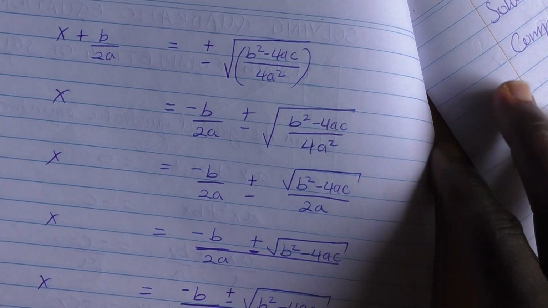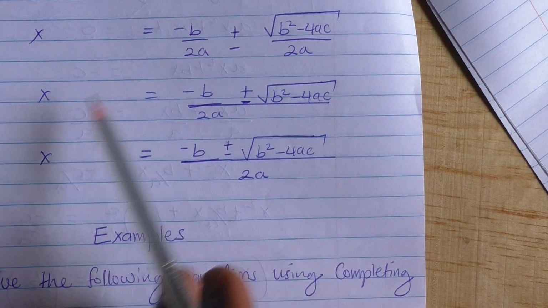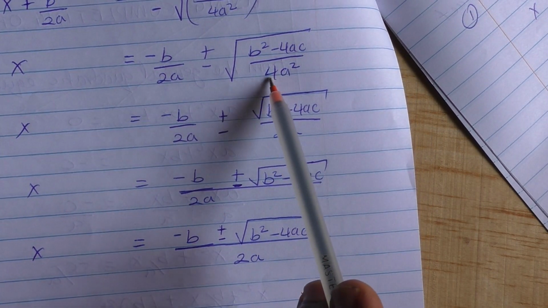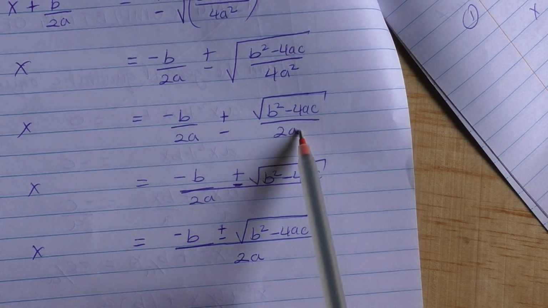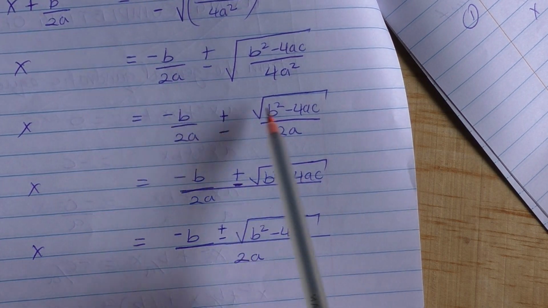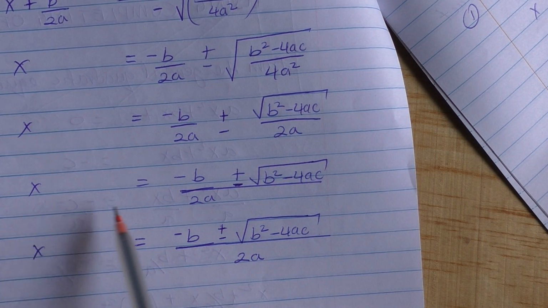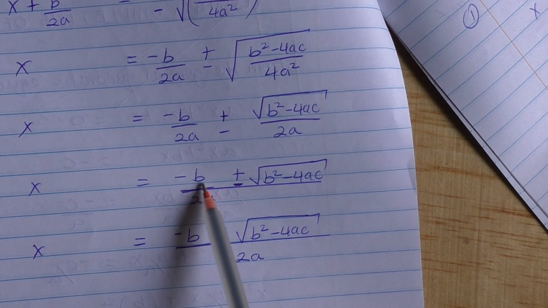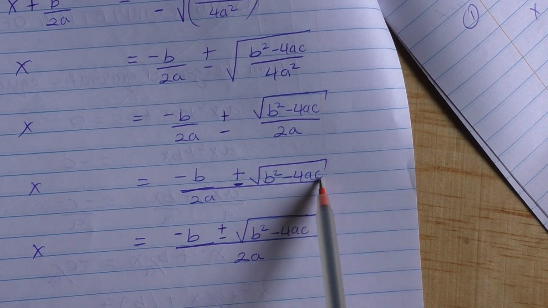And when we simplify this, because the square root of 4a squared is 2a, and these two have the same denominators, we deal with the numerators. We end up with x equaling negative b plus or minus the root of b squared minus 4ac, over 2a.